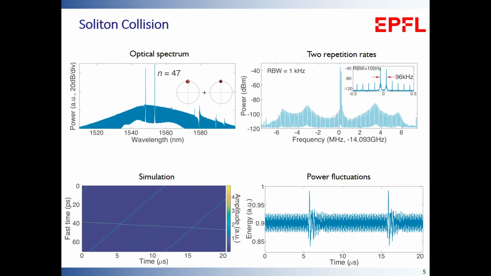And you can see here that because the repetition rate difference is kind of large, they do not bind anymore. But the periodic collision can happen, and even with such collisions, these two solitons still can survive and live long, prosper. So here we just monitor.